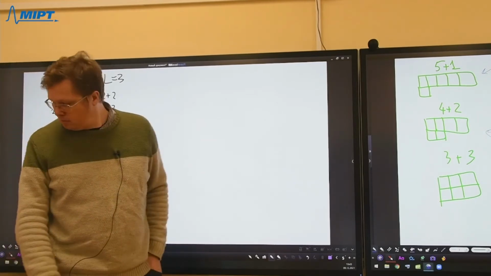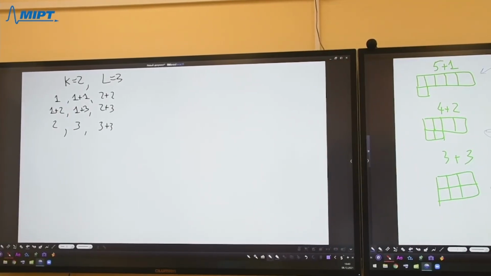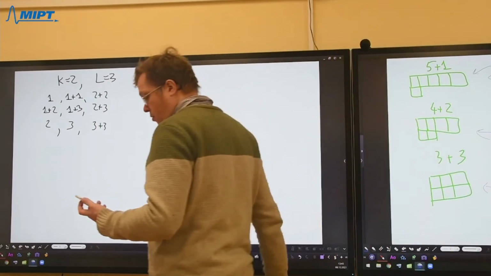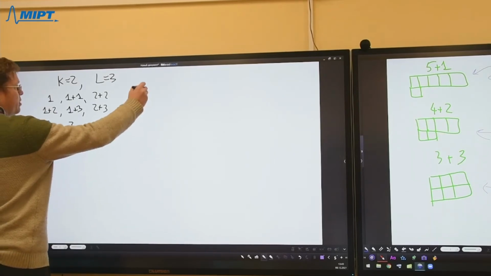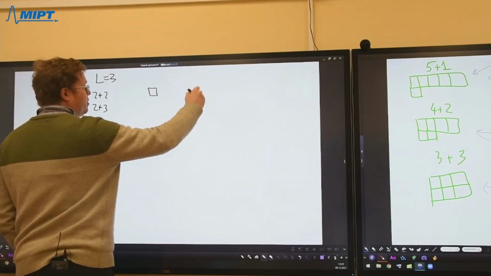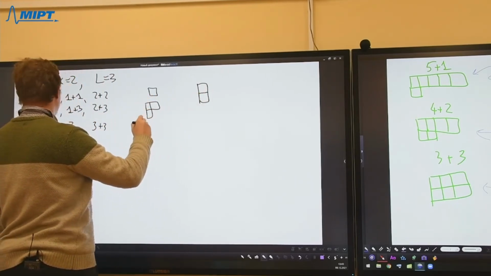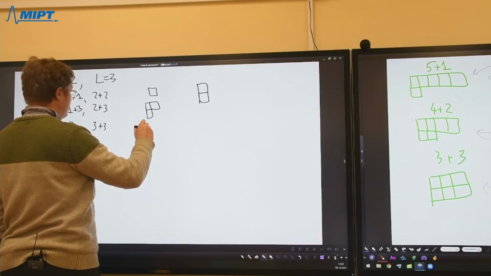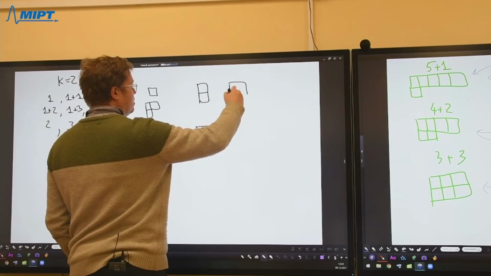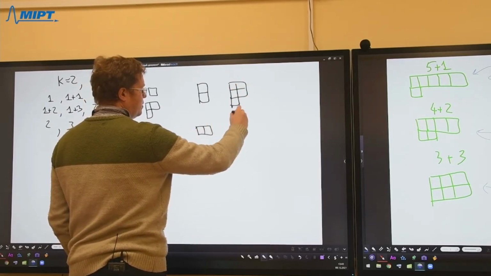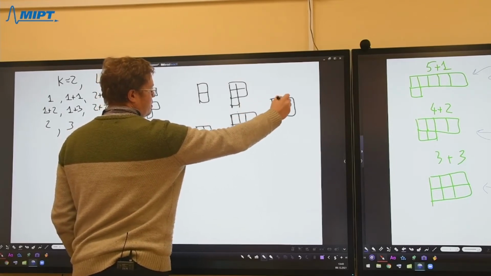So suppose we want to write all possible Young diagrams in this situation. Let me just write all the pictures. This one, this one, this one, this one, this one, this one, and this one.